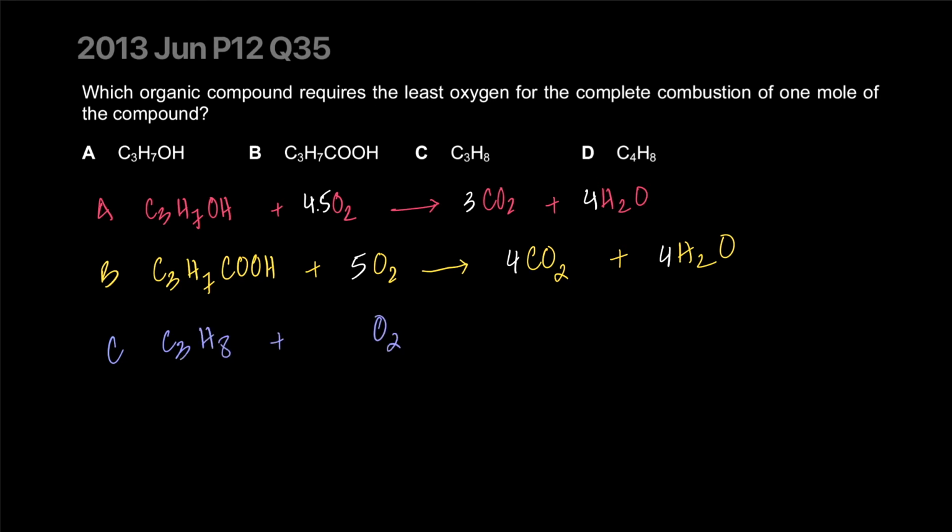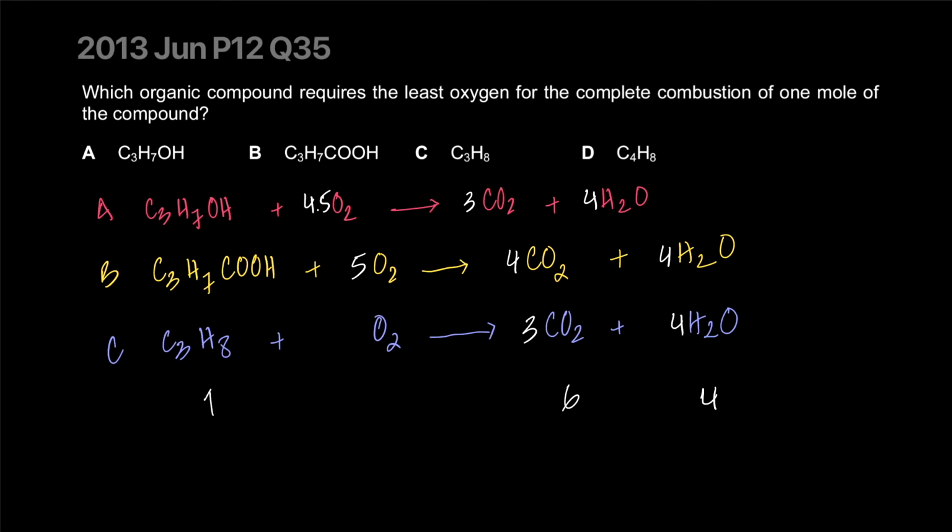Some oxygen and it'll produce carbon dioxide plus water. And you need 3 here and 4 here, 6. So exactly the same amount of oxygen is on the right hand side compared to A, right? 10.